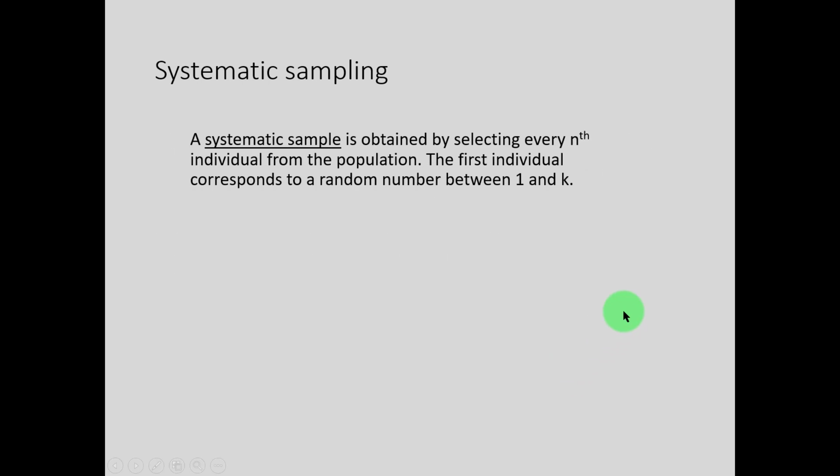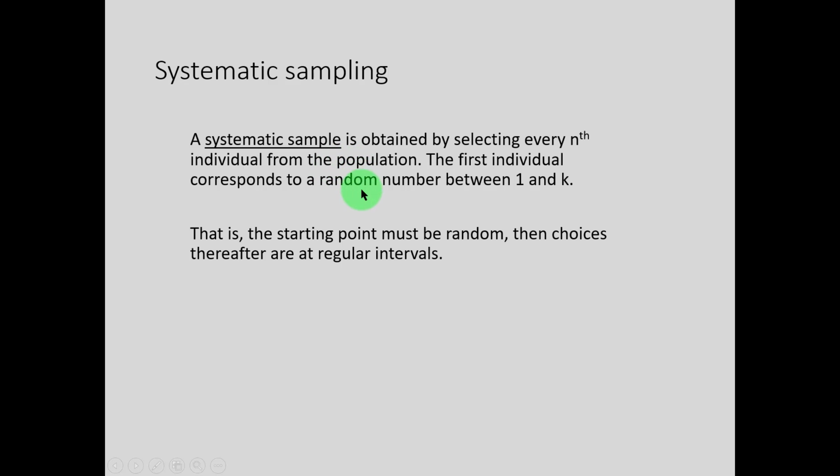Systematic sampling. This is when every nth individual is chosen from the population. The way this usually looks is like every 6th person is chosen, or every 18th house is selected.